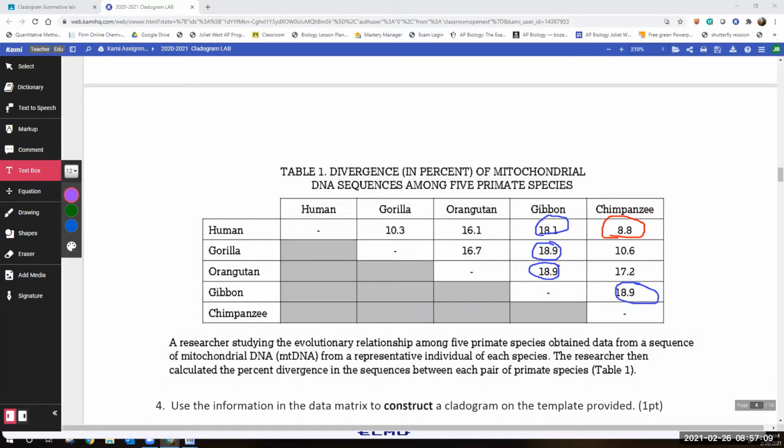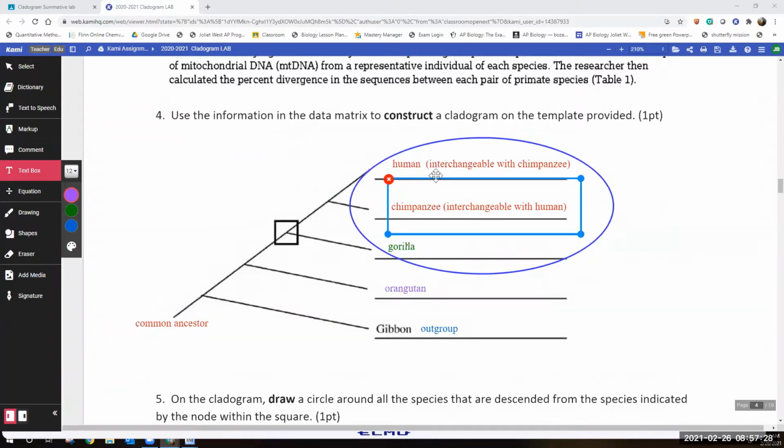And that's easy to determine, that's given. But now I circled that 8.8 in red, and that's showing that these two species are the most closely related. They have the most similarities. So the human and the chimpanzee are closely related because there's not very many differences in the mitochondrial DNA. So notice that I put them very close together on the cladogram.